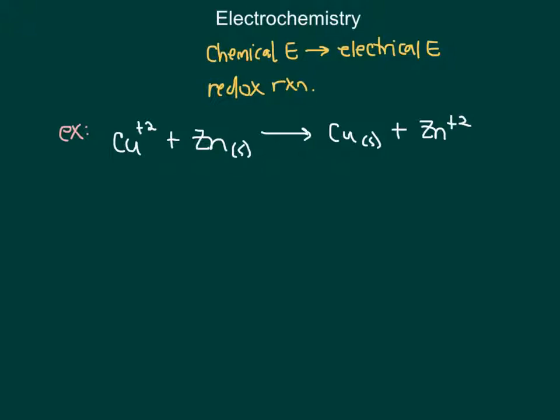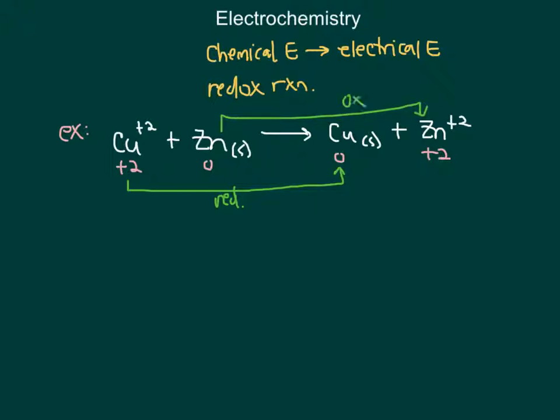If we assign oxidation numbers to all of the elements in this reaction, you will see that through the course of this chemical reaction, the copper gets reduced and the zinc gets oxidized. So the zinc is quite literally giving its electrons to the copper ions in that solution and producing solid copper and zinc ions. And that process happens spontaneously.